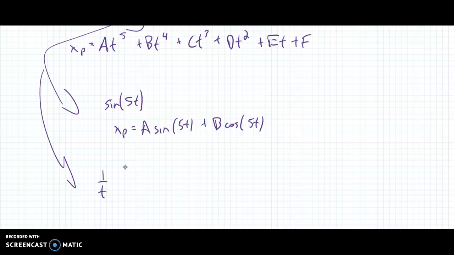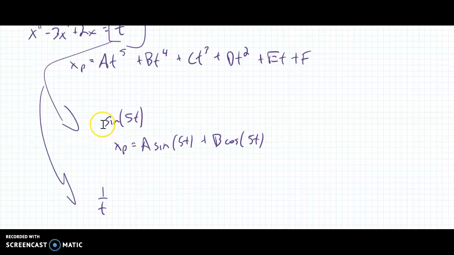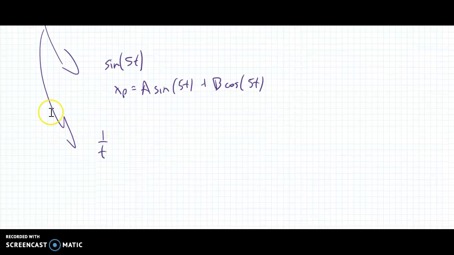Those two things don't happen. 1 over t. Next thing would be something over t squared. Next would be something over t cubed, and then blah, blah, blah. It would keep going forever. So this method fails if I've got a function that doesn't go away or repeat.